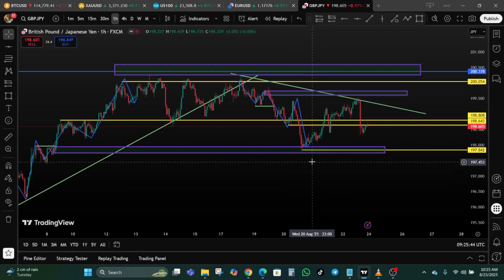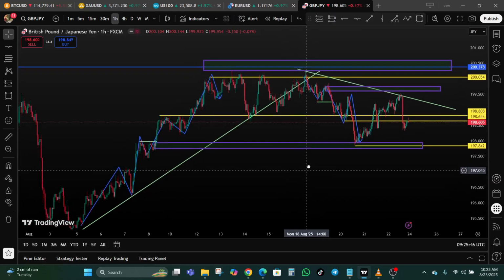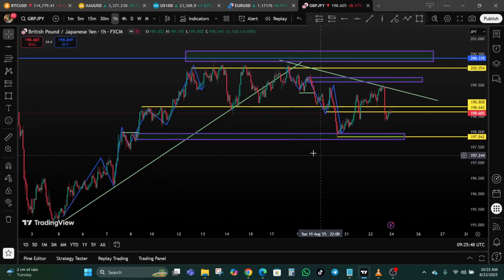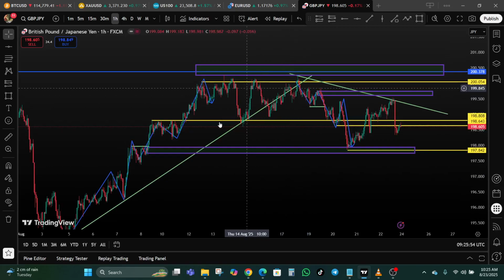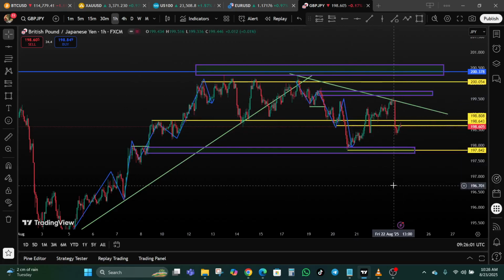Then you highlight order blocks and key zones. Remember, emphasis on recent highs and lows.